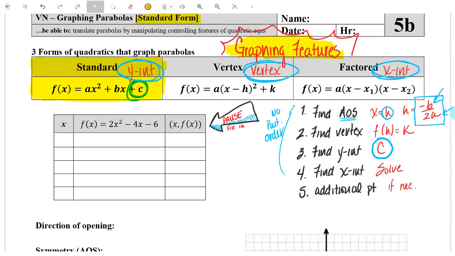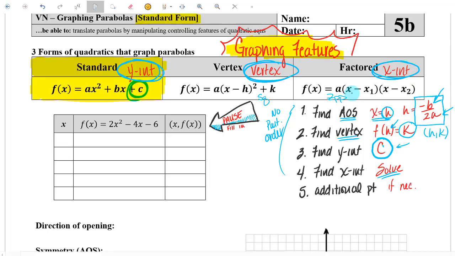Once we do that, we'll have that axis of symmetry, but then we can proceed to find the rest of the vertex by plugging that value in and evaluating, so that we'll get k, in which case we can write that h, k vertex. Okay, y-intercept will be given to us essentially, and then after that, of course, we're going to need to find the x-intercepts. In vertex form, you were able to square root to find it. In factored form, you were able to use zero product property. In this one, you use whatever method works best for you.